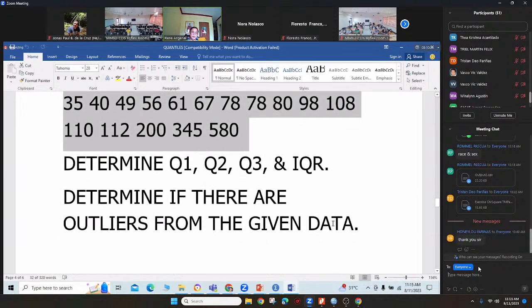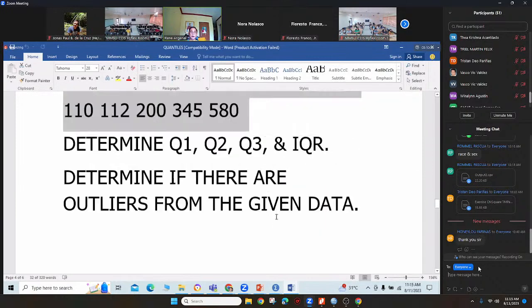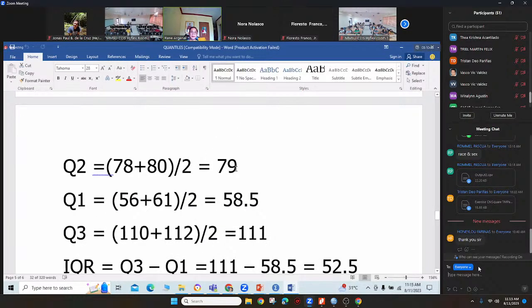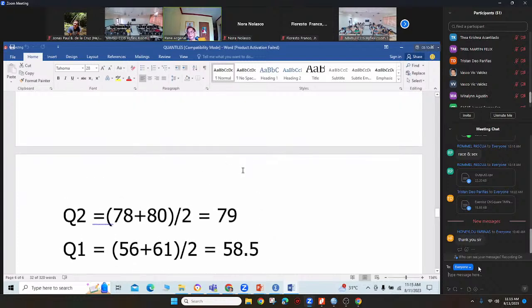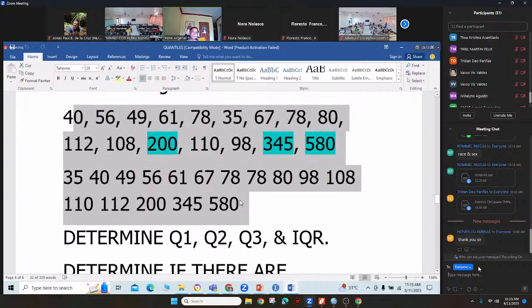This is just an approximation using the method I presented a while ago. The result in IBM SPSS might have a slim difference, because I'm just estimating based on how you compute it manually.